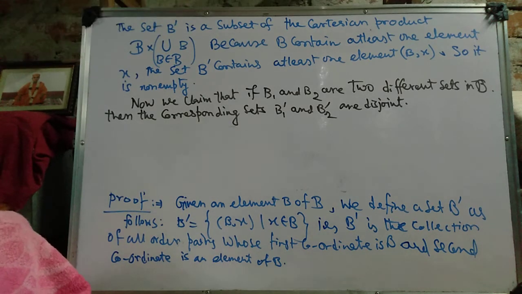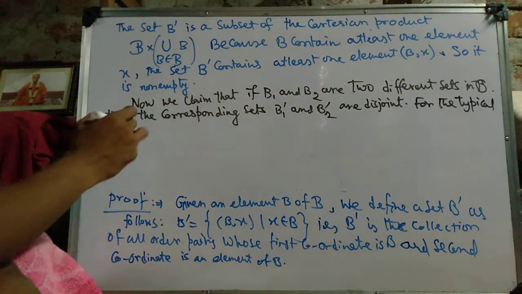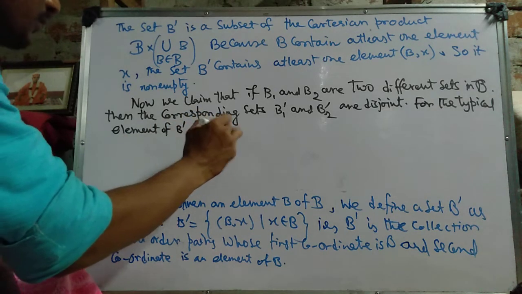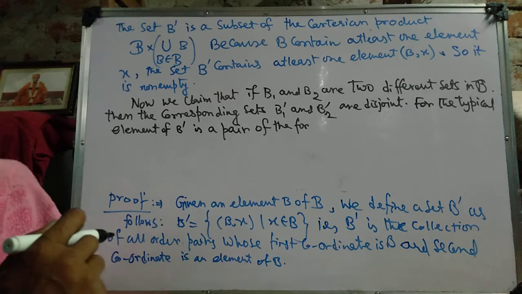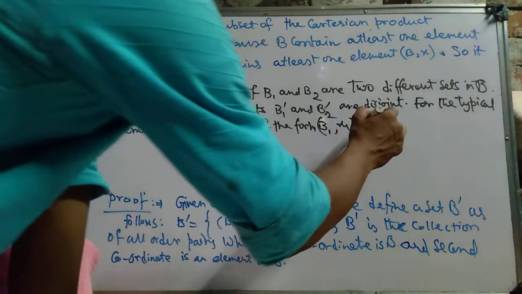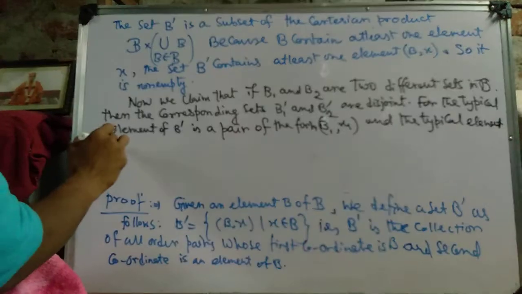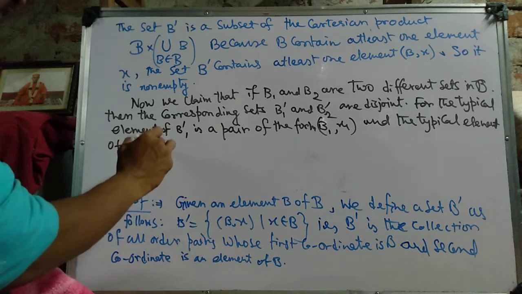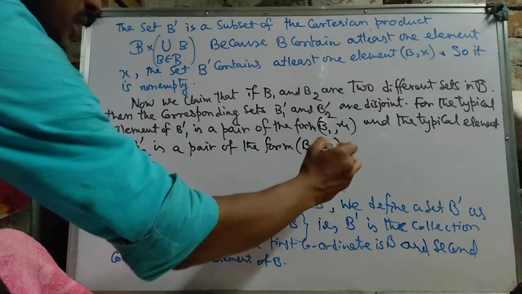For the typical element of B1 dash is a pair of the form (B1, x1), and the typical element of B2 dash is a pair of the form (B2, x2).